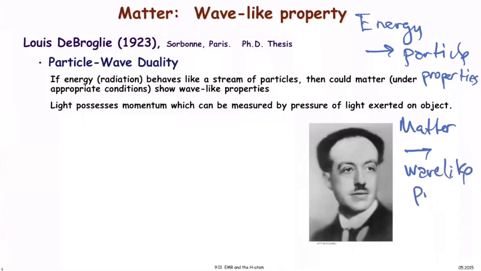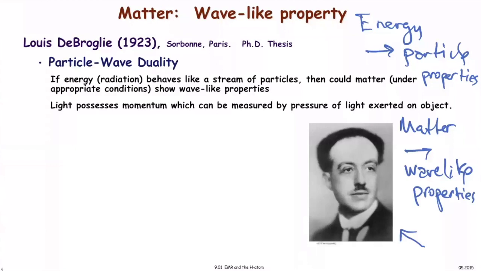That is, you and I actually have a wavelength associated with ourselves. And a French scientist by the name of Louis de Broglie, this was his PhD thesis, to resolve that. And he actually developed the equation that says that matter does indeed have wave-like properties.